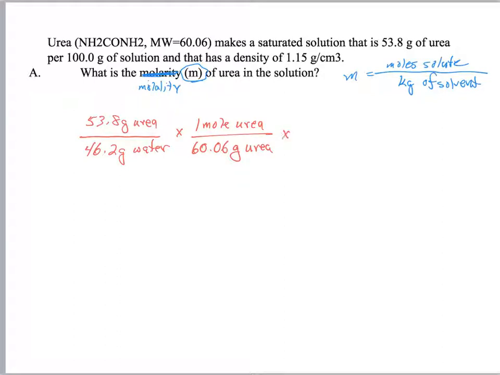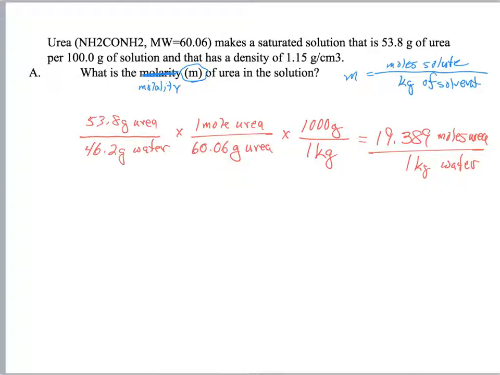But we want per kilogram, so we have to convert. We know that 1,000 grams is 1 kilogram. And if you multiply that out, you get 19.389 moles of urea per 1 kilogram of water.